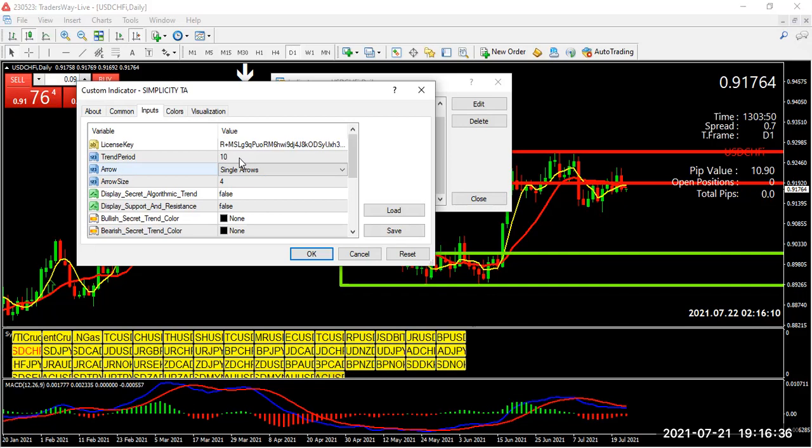So that's the pro as it relates to that setting. The con could very well be that you miss that initial move. Now, that's really not a bad thing, but that's a different training. I just wanted you to know what the difference is. So the lower the number, the more aggressive, right?